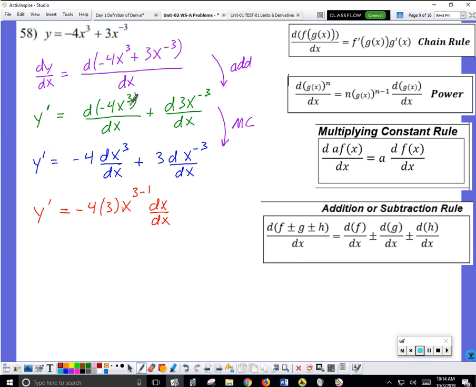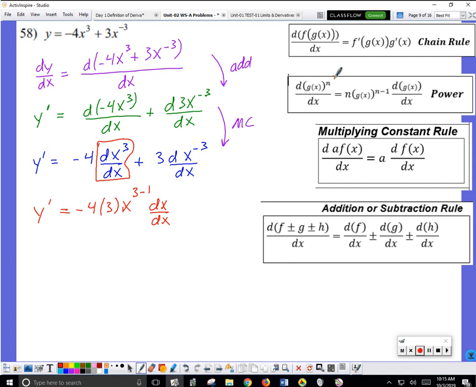So a multiplying constant allowed me to move the 4 outside of the d/dx operator. When you're looking for a rule, you're always just looking at this part. You're ignoring the 4 because you're trying to see which rule looks just like that. And the power rule does. The x is now the something here that is being raised. And the purpose of the multiplying constant rule is just to pull out the number in front of it.